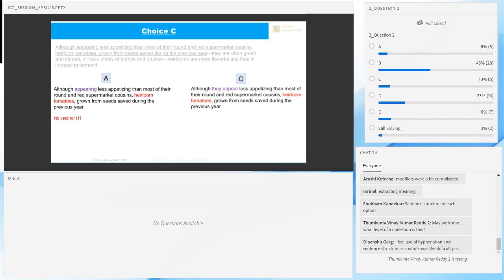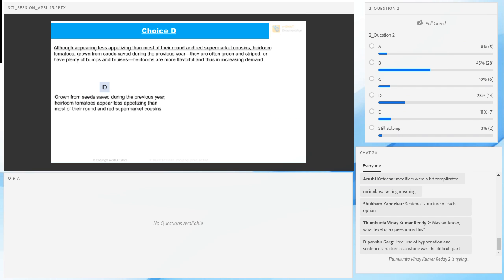Yes, absolutely, Dipanshu. The other thing to realize with SC questions is that there are these structures which are used, which you need to be familiar with. First you need to have the tools. Secondly, how do you practice those tools? You need appropriate exposure to these different kinds of sentence structures on which you apply the tools, so that you get so much focused practice that when you go in the test environment, you don't get surprised by things that are thrown at you.